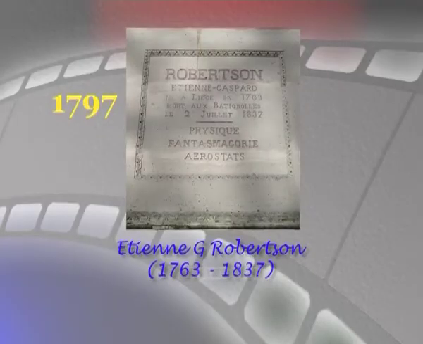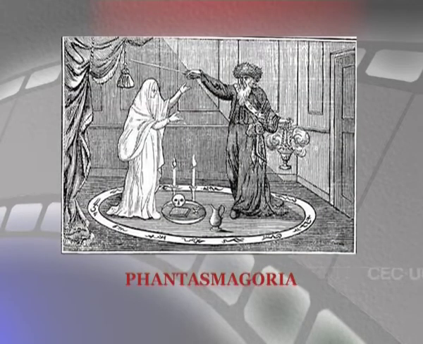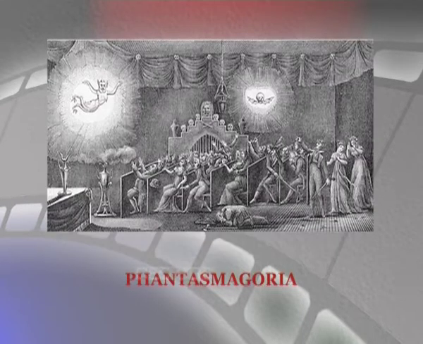In 1797, Etienne Robertson in France developed a new concept of magic lantern show. It was called Phantasmagoria. He converted a small church into an auditorium. A number of magic lanterns mounted on wheels were installed in different hidden corners of the church.